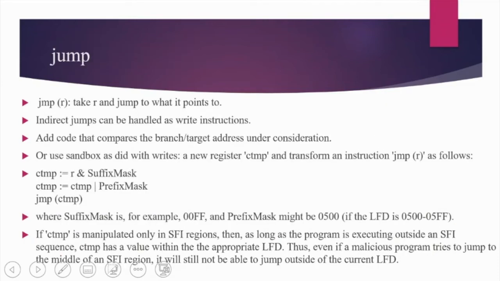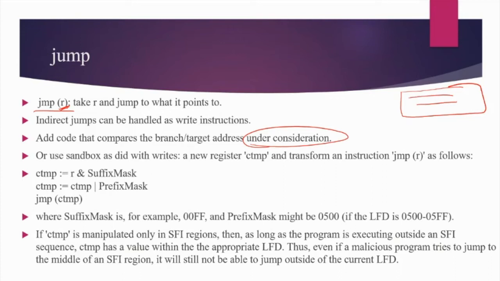When we have a jump R instruction, it means take R and jump to what it points to, right? This can also be handled the way we handled write instructions, because we have to add code that compares the branch or target address under consideration. If it says to jump to the location of R, we can convert this R so that it lies within the range of our LFD, right? So we have a suffix mask and a prefix mask.